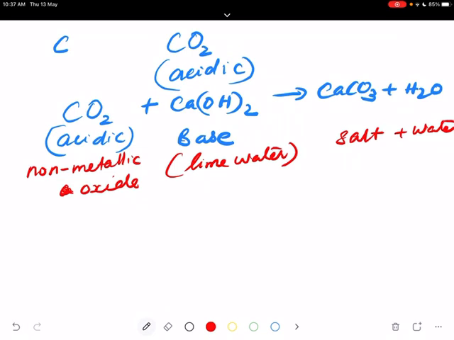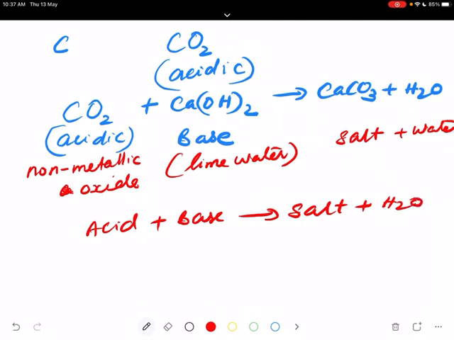Salt and water. This is similar to acid-base reaction. Acid plus base or base plus acid gives salt and water. This reaction is called what? Neutralization reaction.